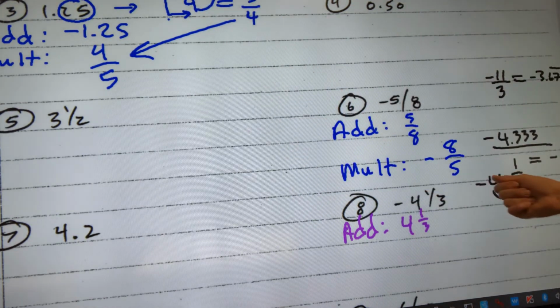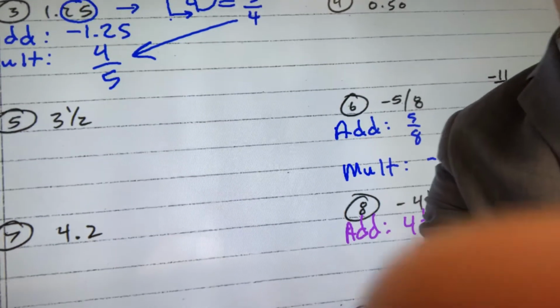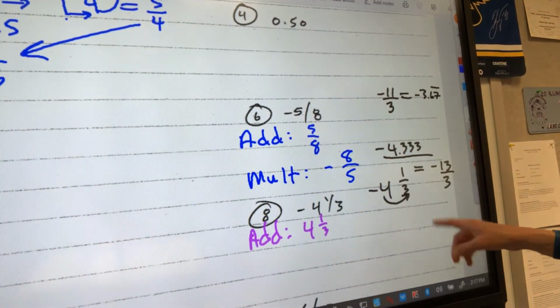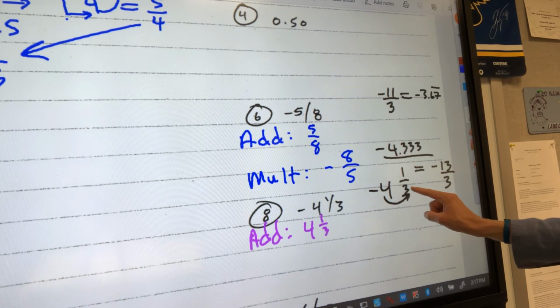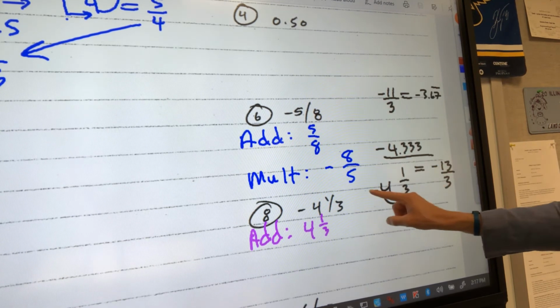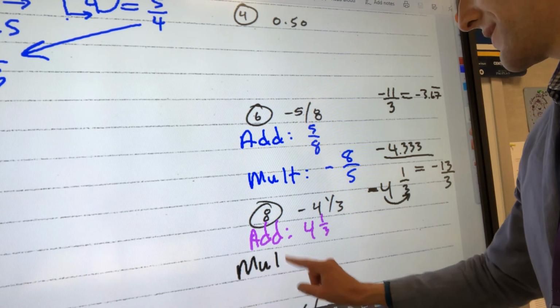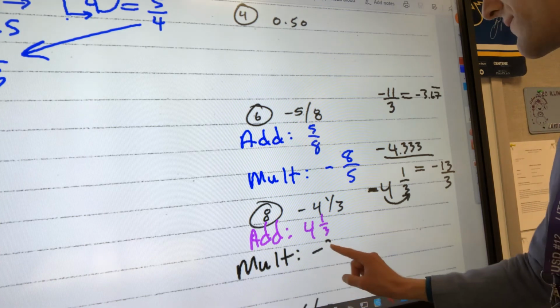If you do negative 4 times 3 and get negative 12, negative 12 plus 1 is negative 11/3, and that's not what you want. You want negative 13 over 3 because it's actually negative 4.3 repeating. All right, so again, do 4 times 3, that's 12. Add 1 to it, that's 13. Then give it the negative sign. All right, so negative 4 1/3 is negative 13 over 3, which means its multiplicative inverse is negative 3 over 13.